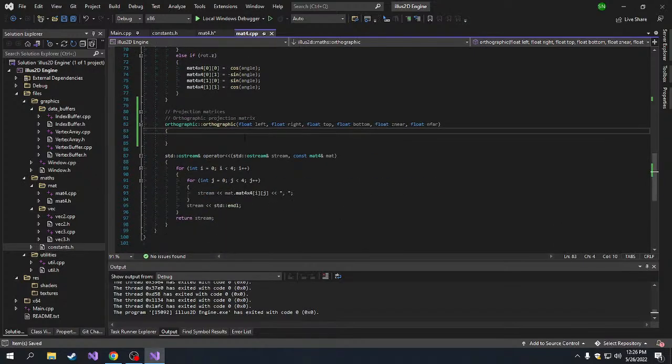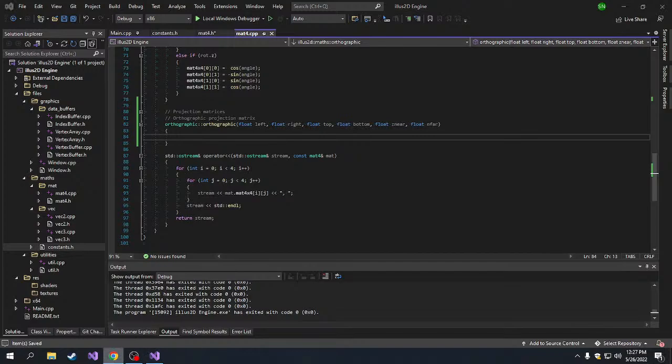Orthographic. So orthographic projection now. This is also a bit challenging, just like the rotation matrix, except even more challenging. Of course we cannot derive the orthographic projection now because it's going to take a lot more time.